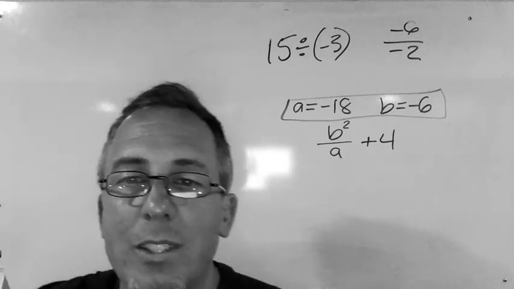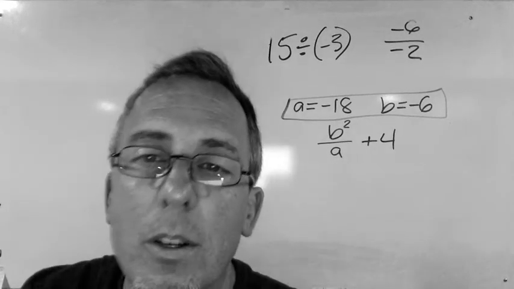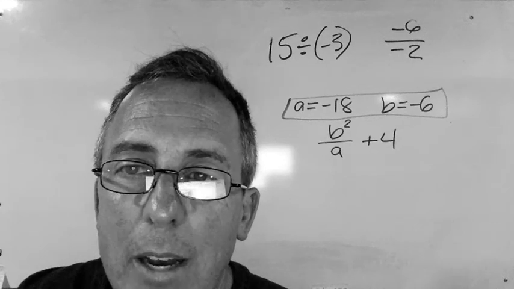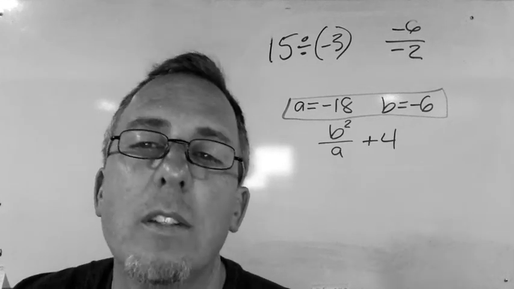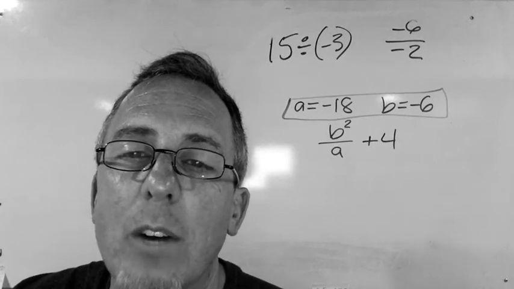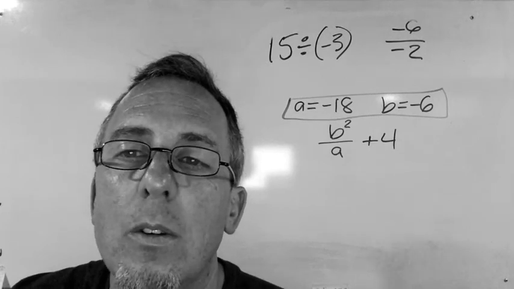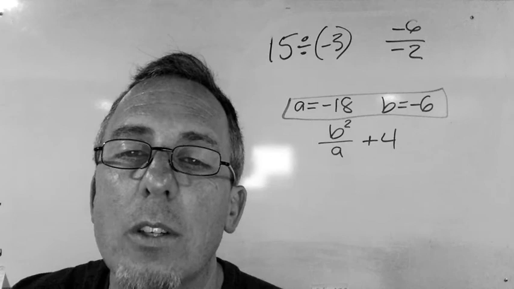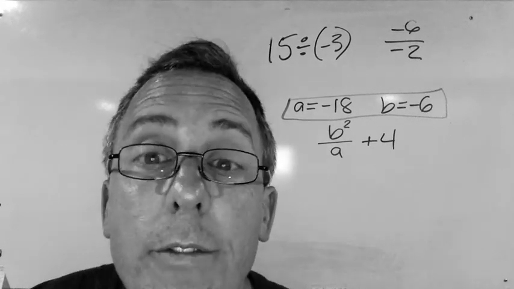So I will wait a second here. You will pause. You will copy the problems down, and you will solve them. After you are done solving them, you will press play. You will watch me solve them and check your answers. All right, pause. Pause, copy, solve.